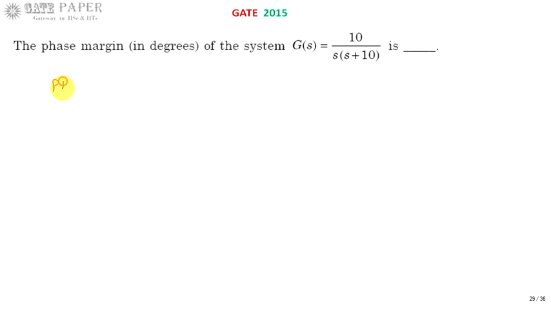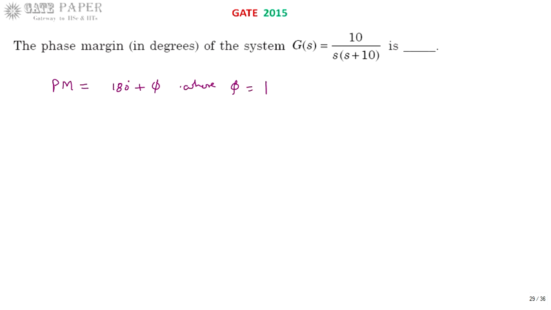The phase margin of any system can be defined as 180 degrees plus phi, where phi is nothing but the phase angle.